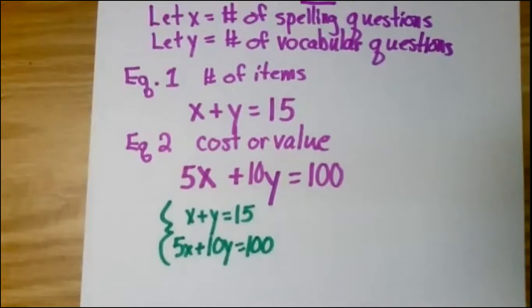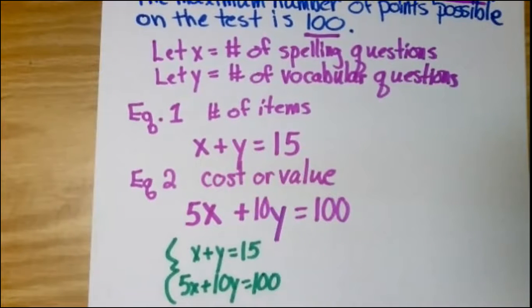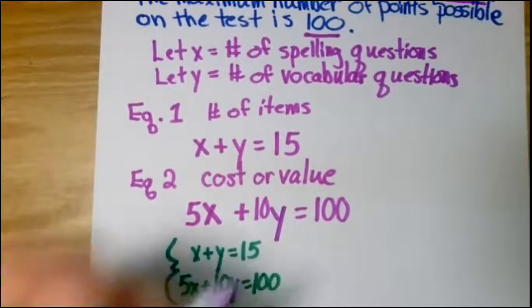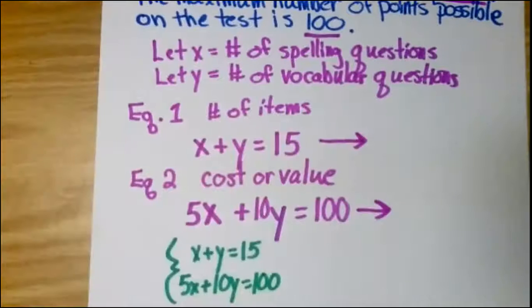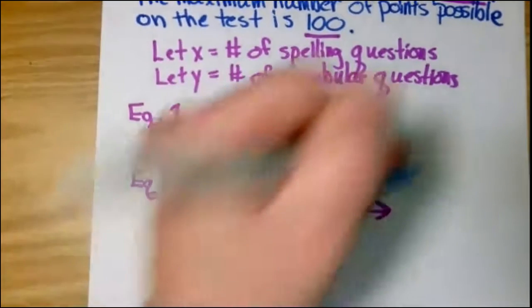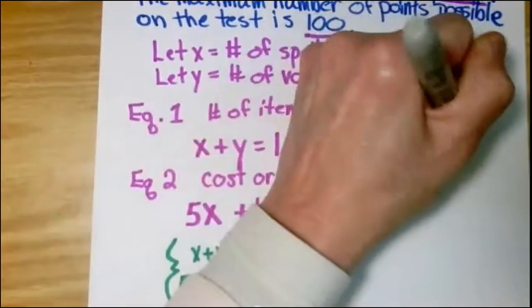But I can't leave it in that format because the only method you know to solve these so far is graphing. So we have to get our standard equations into slope-intercept form. To do that, I'm going to have to manipulate these 2 equations. I don't think that brown was very seeable. Let's try light blue. So we have x plus y equals 15.